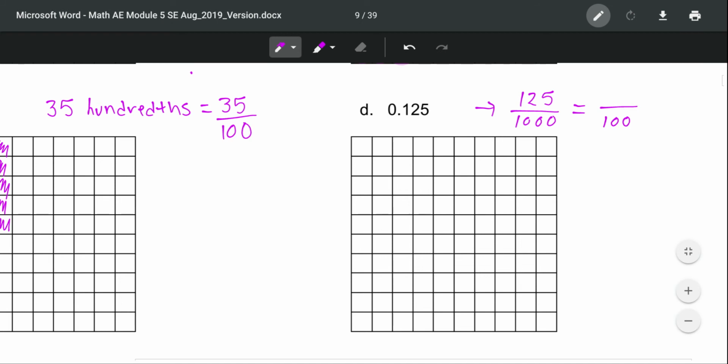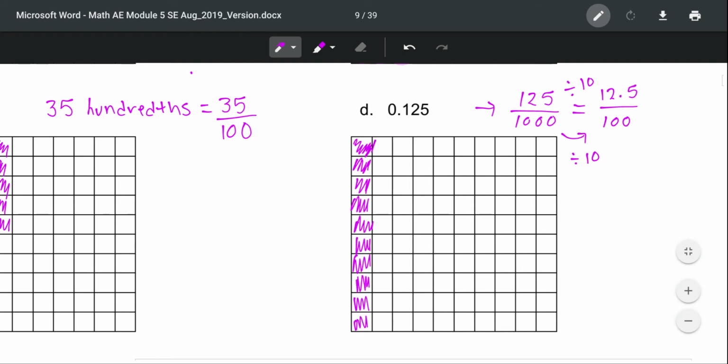So what we want to do is figure out what 125 thousandths would be out of 100 squares. If you divide 1,000 by 10, that gives us 100. So you want to divide 125 by 10, and that would be 12.5 out of 100. That means you want to shade in 12.5 squares. You can shade 10 down in the first column.